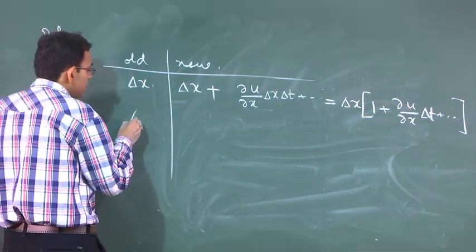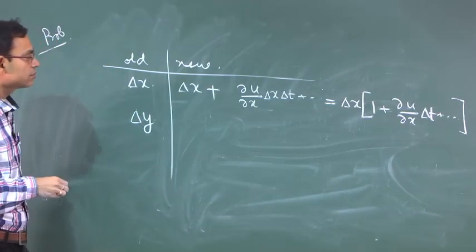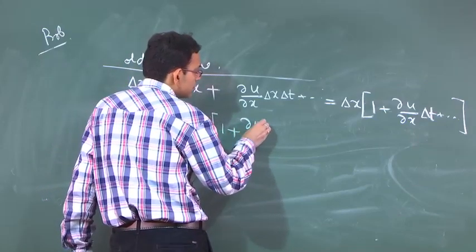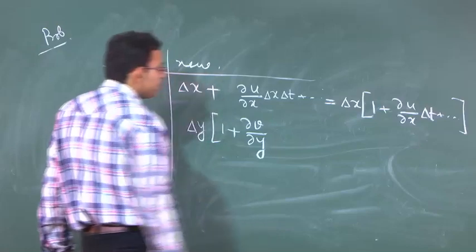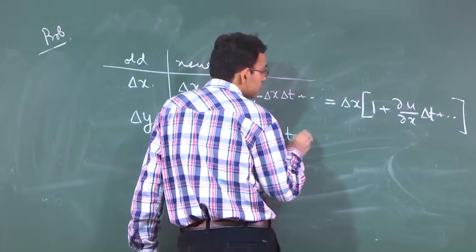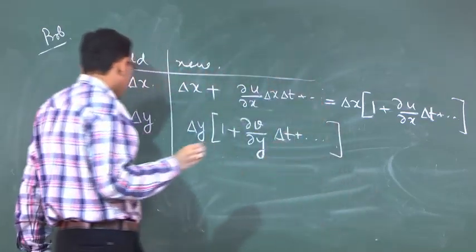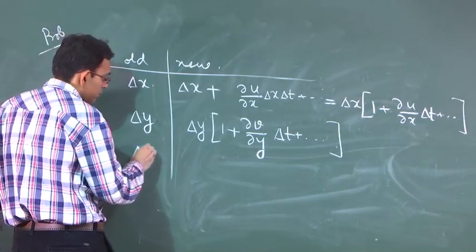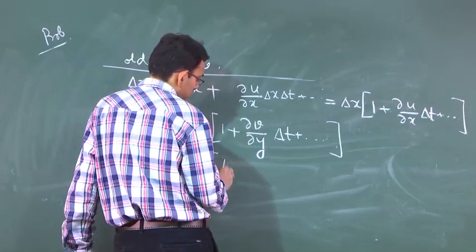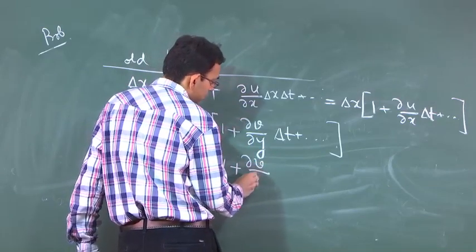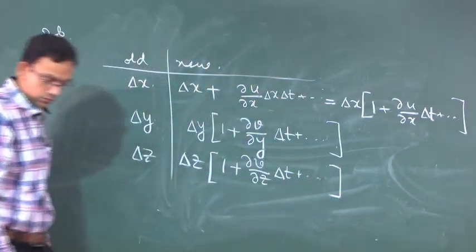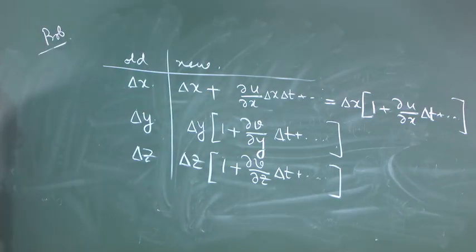Let us just by analogy write the new delta y. u will be replaced by v and v will be replaced by y. And new delta z, okay.